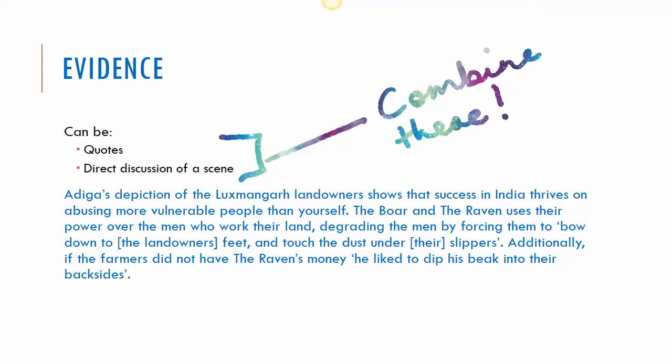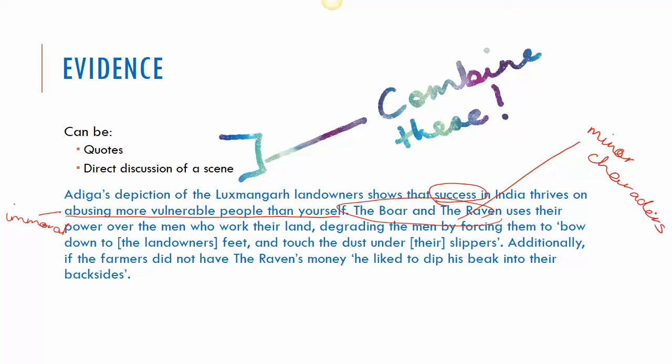Okay, so you can see in the evidence that I'm really targeting towards the question, where I've got this success comes from abusing people more vulnerable than yourself, which would be immoral. I'm hoping you know that. The boar and the raven use their power, so I've used minor characters instead, so that I'm doing something that's a little bit different.